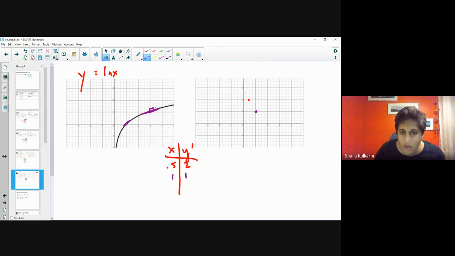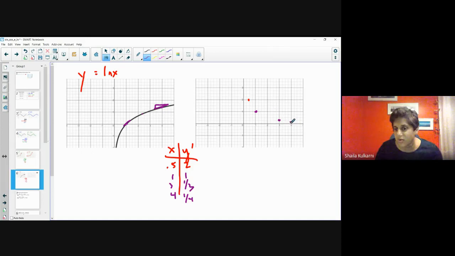It's like up 1 and over 3, something like that. So at 3, we have the slope 1/3. I'm going to graph that. And then at x equals 4, you notice that as we're going to the right, it seems to be getting flatter. So maybe this is up 1 and over 4. So maybe instead of 1/3, it's 1/4.